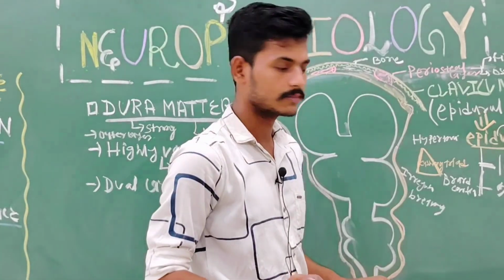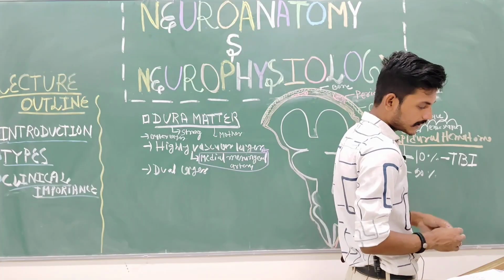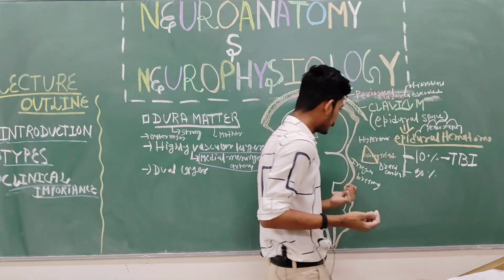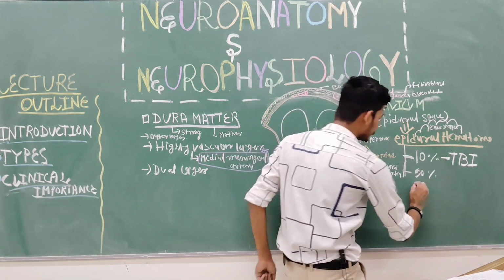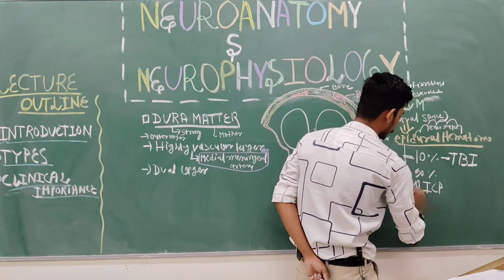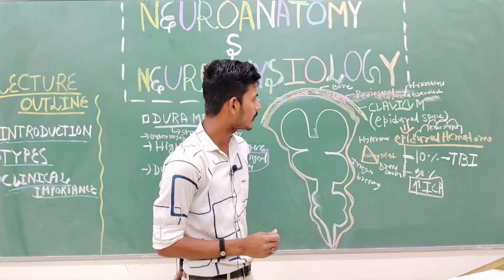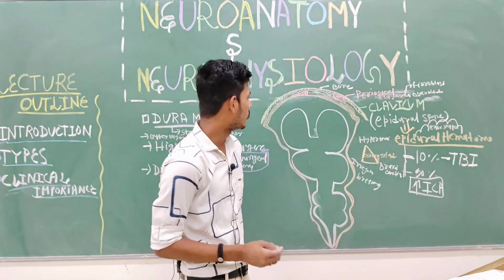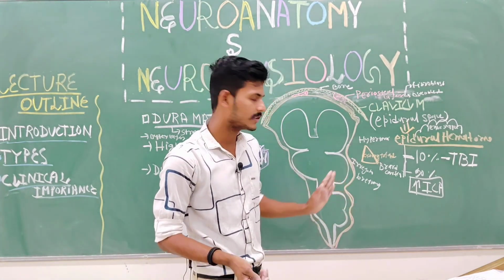No problem? Now if you look at the other feature of this hematoma, it leads to increased intracranial pressure. Increased intracranial pressure is also one of the hallmarks of the epidural hematoma. Let's summarize it once again. Do you know about the intracranial pressure?